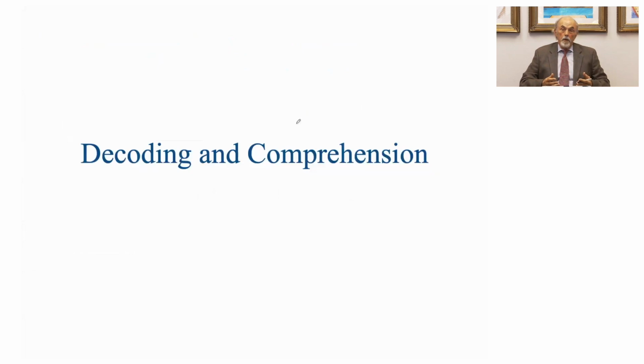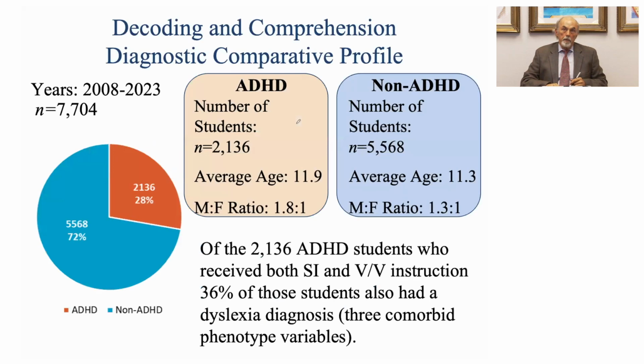Well, and guess what? There's yet an additional phenotype. There's an additional prognosis because we see a significant number of kids who fall into a category of having issues on both decoding and comprehension. In fact, 7,700 of these kids have issues in the areas, to some extent or another, in both areas.